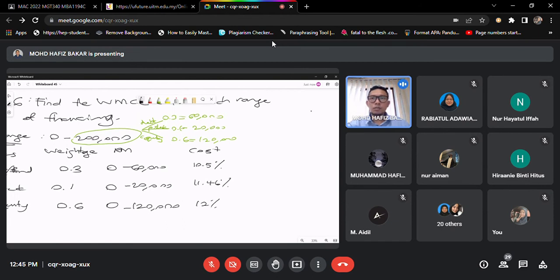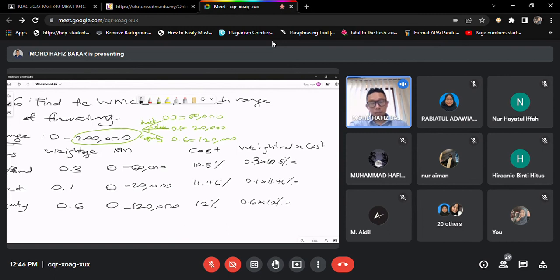So this is the cost, and you need to calculate the weighted cost, weightage times cost. So 0.3 times 10.5%, how much? 0.1 times 11.46%, how much? And 0.6 times 12%, how much?